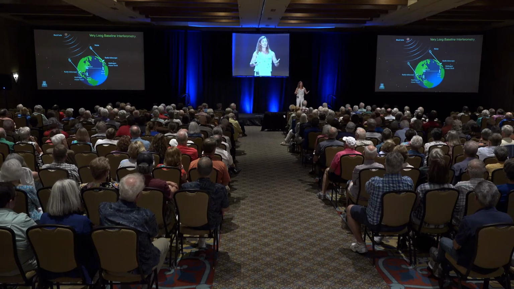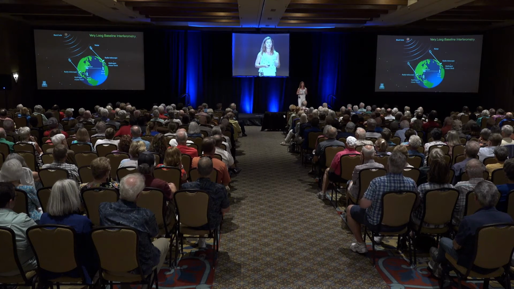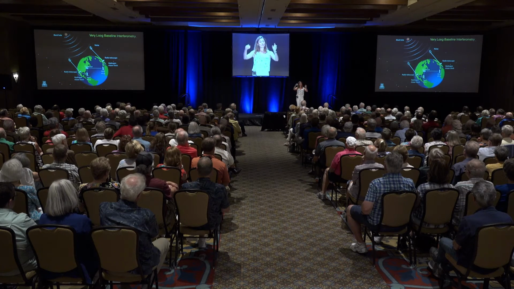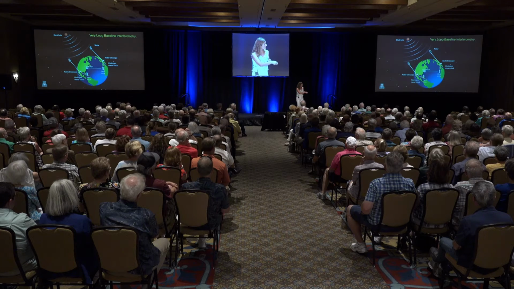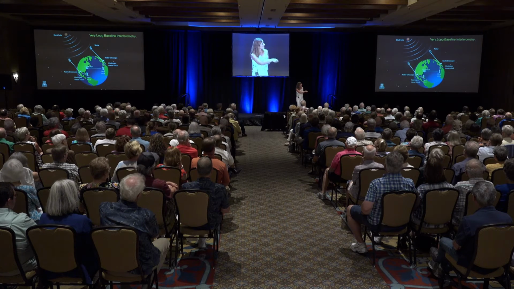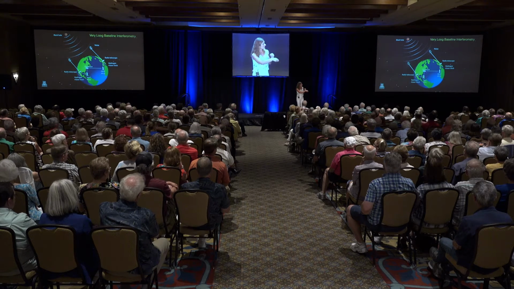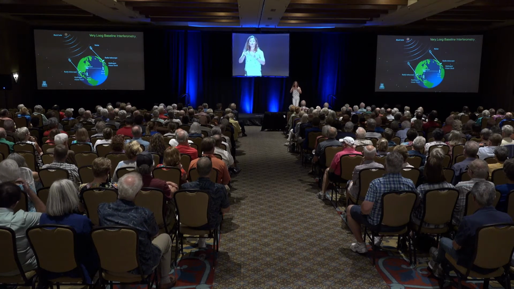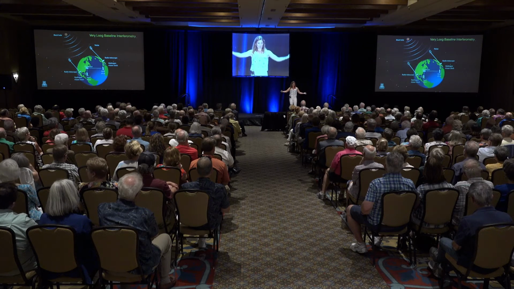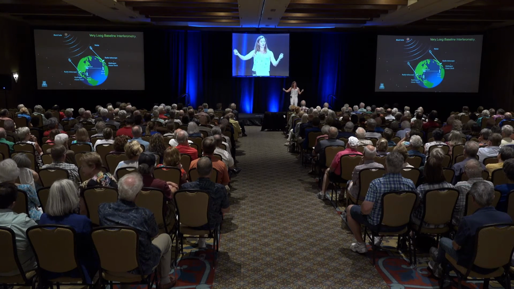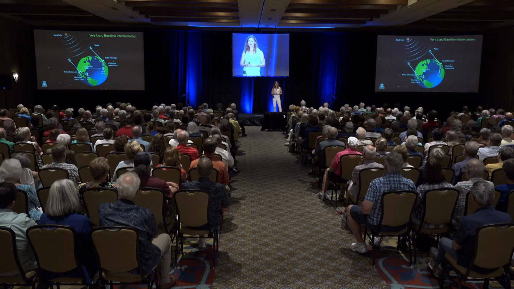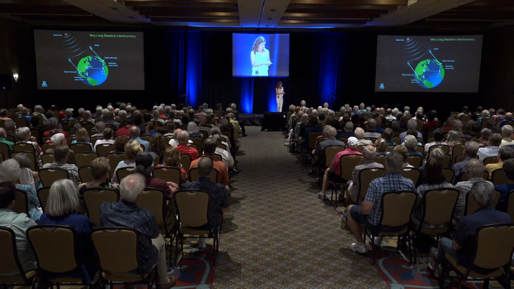If we can't build a dish that is as big as the Earth in order to resolve that tiny scale, we can pretend that our telescope is that big by putting telescopes all across the globe, for example, one here and one here, looking at our black hole at the same time and recording the data faithfully, so that after the fact, we can take them, put them on a correlator, match up the light that they have seen, and the collecting power won't be like the entire Earth, but the resolving power will be like the entire Earth. This is a technique called interferometry, has been developed over decades. So we said, okay, let's go ahead and do this.